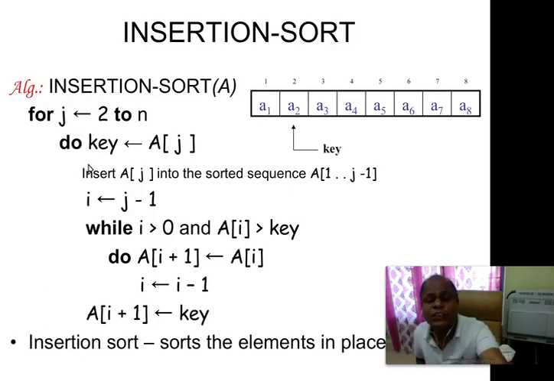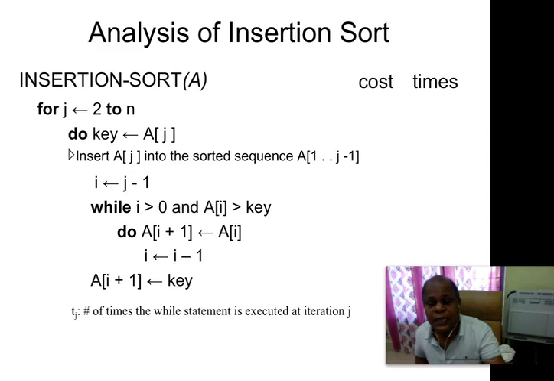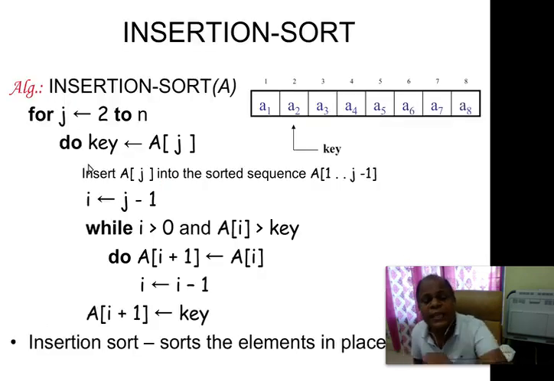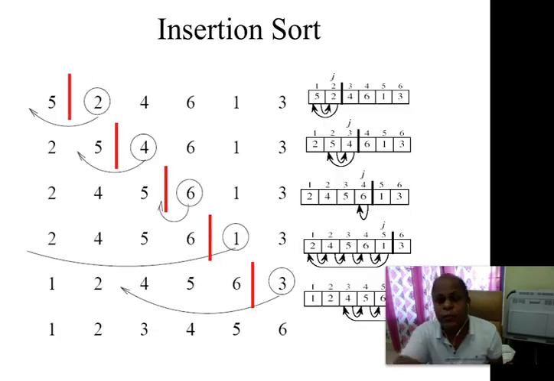Now, while i is greater than 0, because i is 1 in this example, it is true, and a[i] is greater than key, because a[i] is 5 and key is 2.